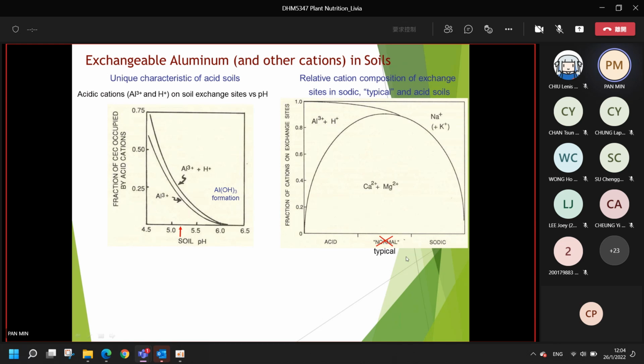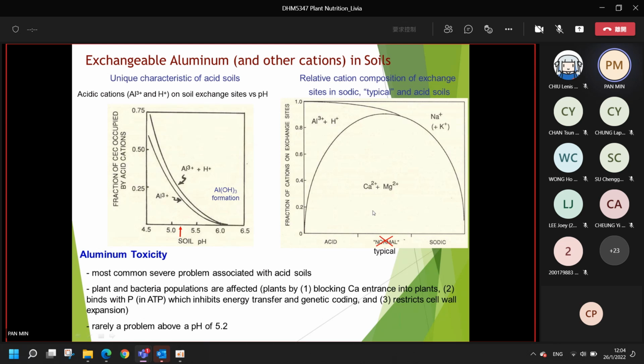And another, more healthy soil condition: in the typical soil, it has a different cation composition.